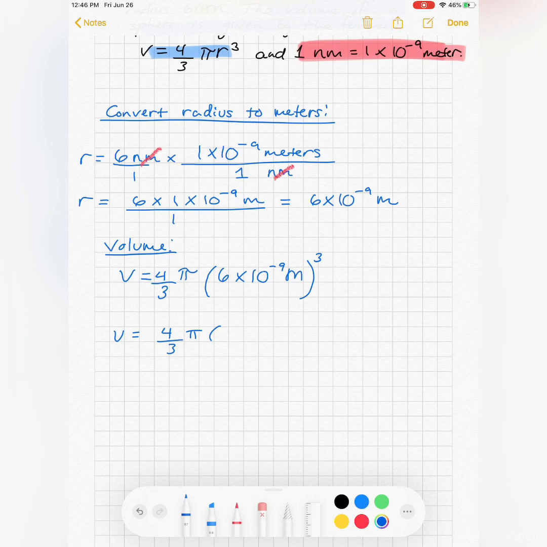Let's see, what is 6 cubed? 36 times 6, 216? Okay, so what I'm doing here, I'm distributing to both the factors and actually also to the units here. So power to a power, I multiply the exponents. Now I'm going to be working in cubic meters.